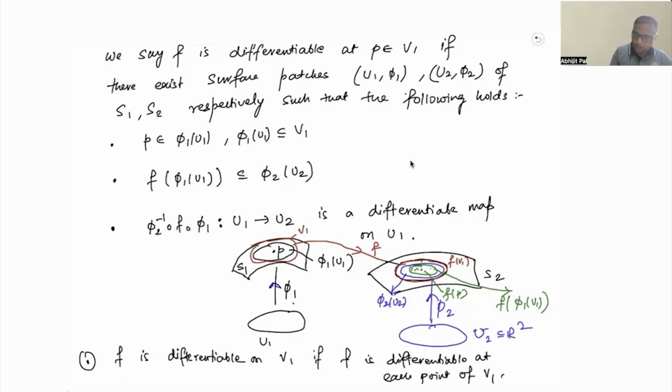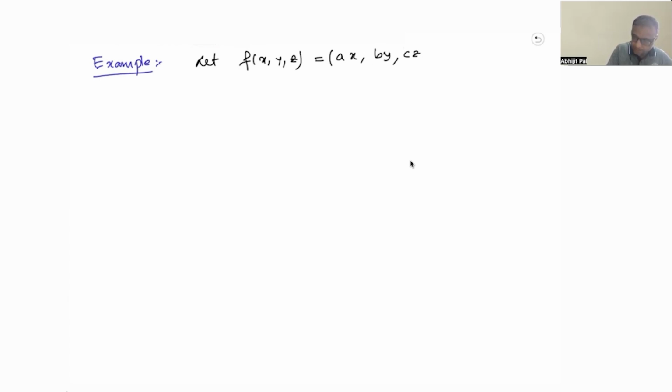Now let me quickly give you an example of a differentiable function from one surface to another surface. Let f(x, y, z) be equal to (ax, by, cz). This function is from R3 to R3, so f is a differentiable function.